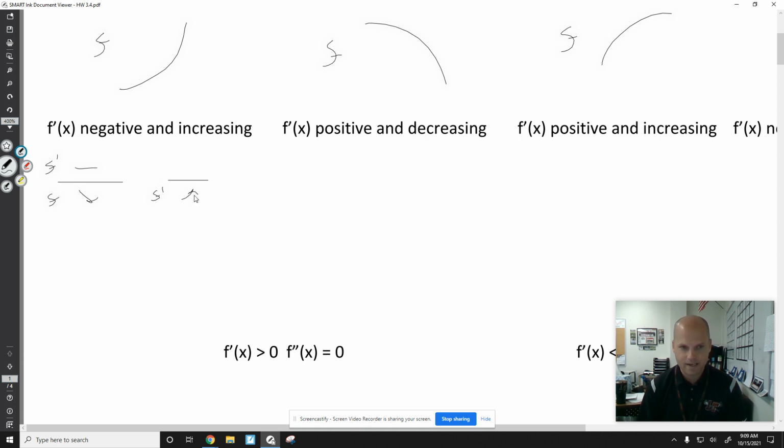Well, that's here in the bottom of my second derivative sign analysis. f prime increasing means f is concave up. So I'm decreasing, concave up. Decreasing, concave up looks like this.